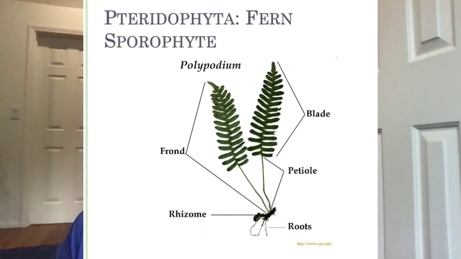I'll zoom in on that for you there. And then branching off, the frond is what is producing the leaf of the fern. It consists of the stem-like structure called the petiole, and then the blade. The whole thing is one leaf, but the leaf is divided into these structures that alternate.